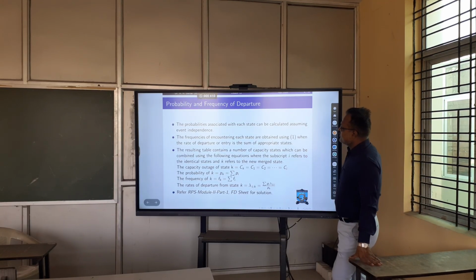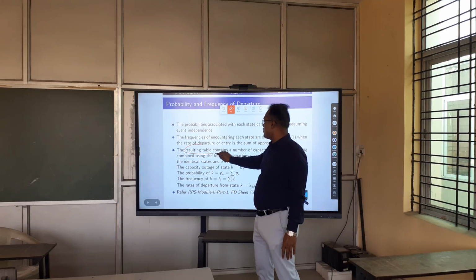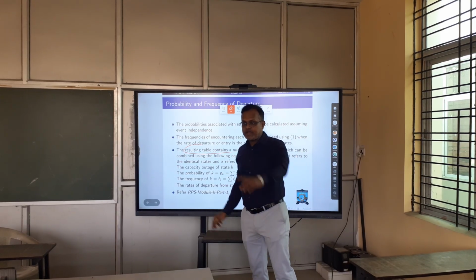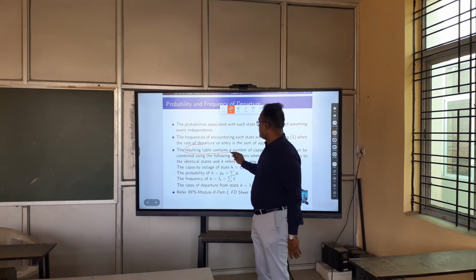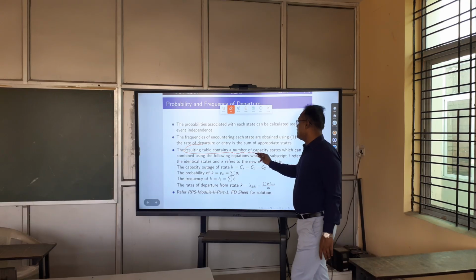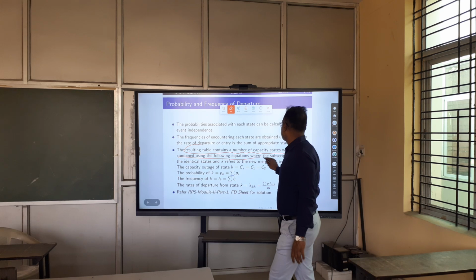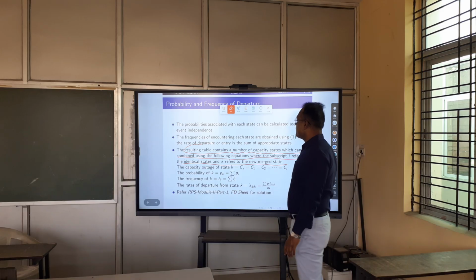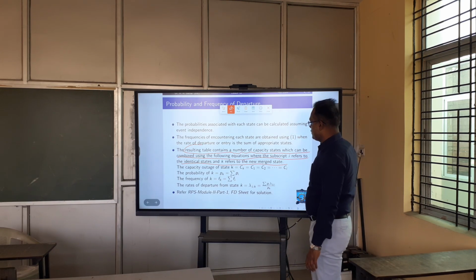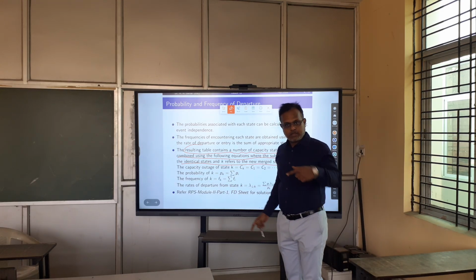The resulting table contains a number of capacity states. So this is the generation model. What is the generation model? The generation model in the frequency and duration approach is a table which contains a number of capacity states which can be combined using the following equations, where the subscript i refers to identical states and k refers to the new or merged states. Okay, so summation. Frequency also you need to add according to the formula I have told you.